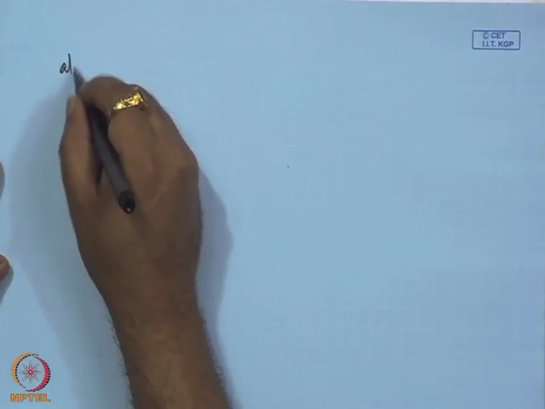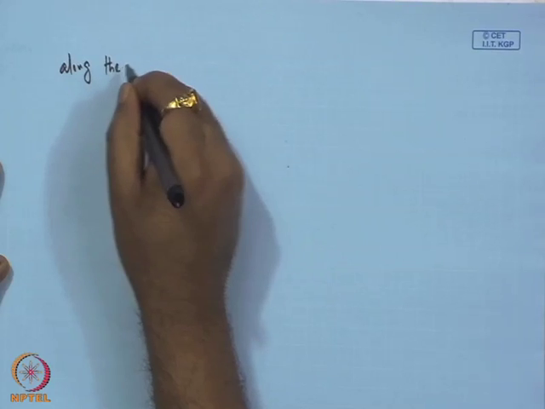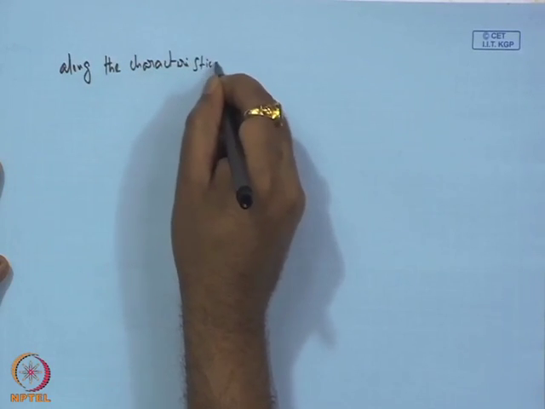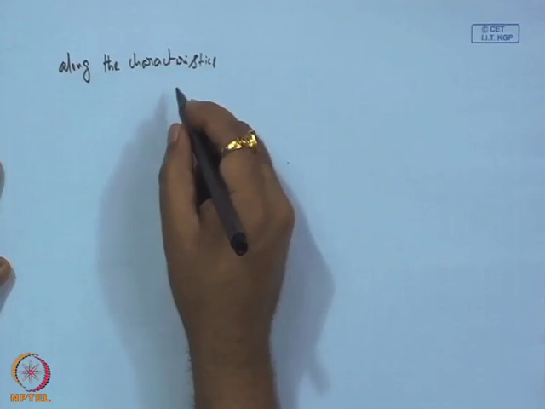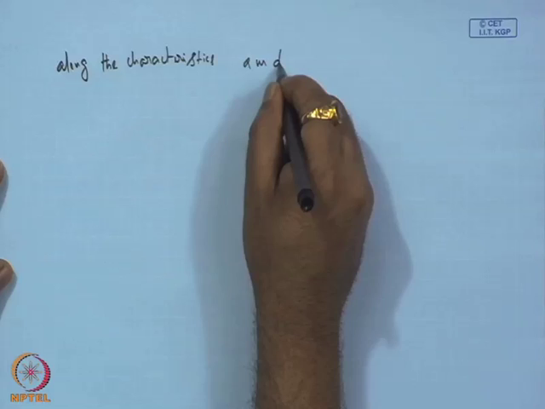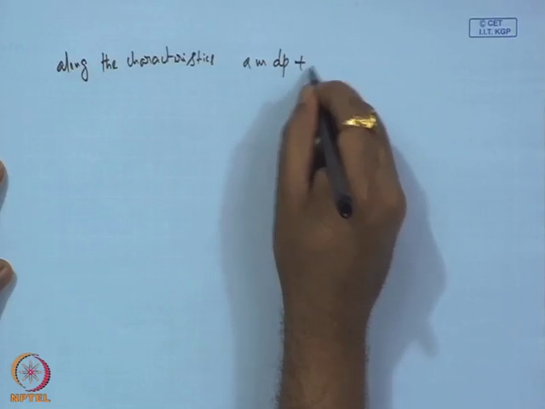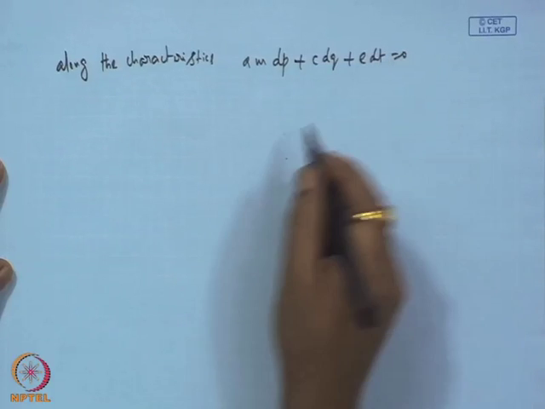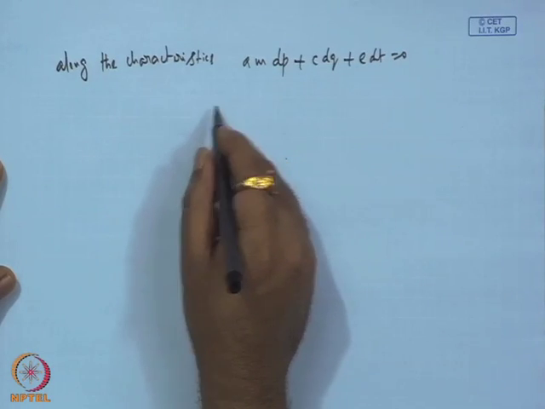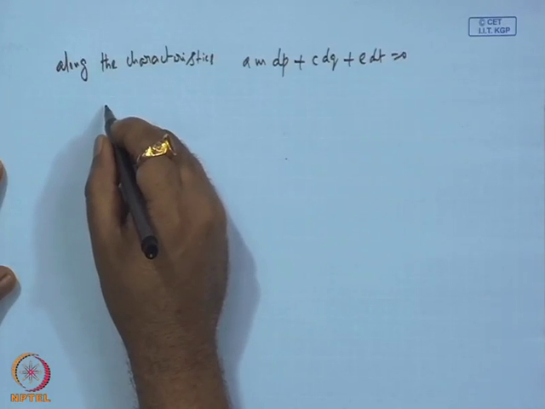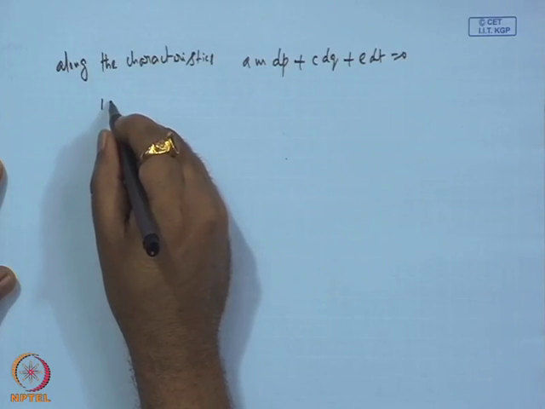Now, along the characteristics, we have the relations. So the corresponding discretized versions, if we use, then we get A is 1.